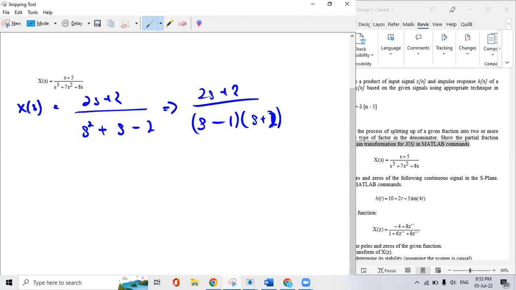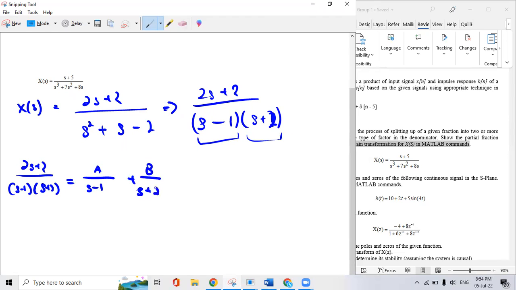So if we want to perform partial fractions, we will have to convert or simplify it into these factors first, and then we will do something similar to this: 1 over s minus 1 times s plus 2 becomes A over s minus 1 plus B over s plus 2.